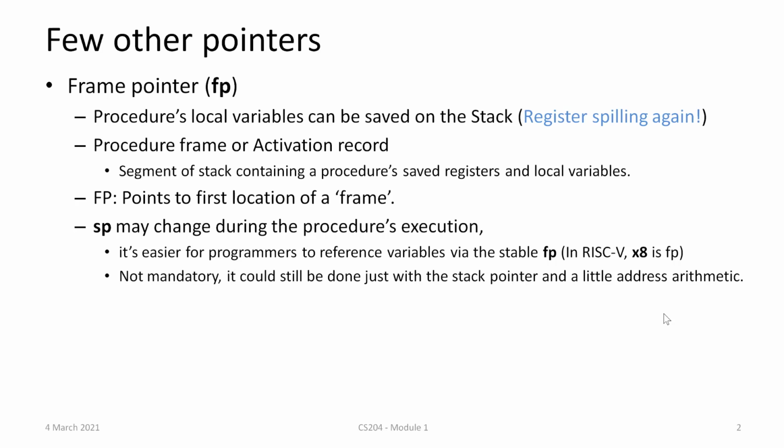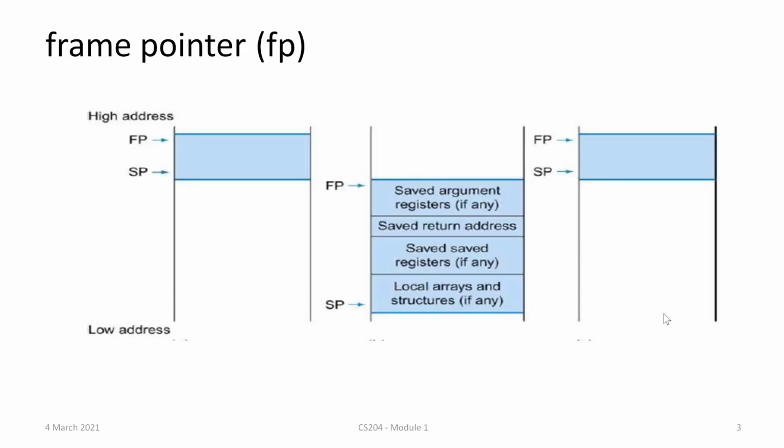So if we want to understand how it would typically look like, let's say here we have the caller. The caller's activation record is something like this. The caller's frame pointer is here and stack pointer is here. So when we look at this, we would say that the caller function or the caller procedure has used up so much of space on the stack.